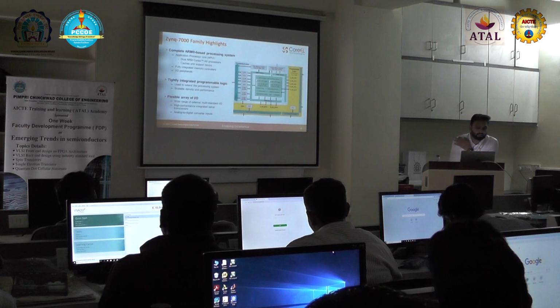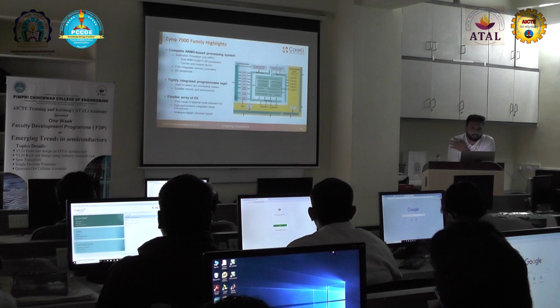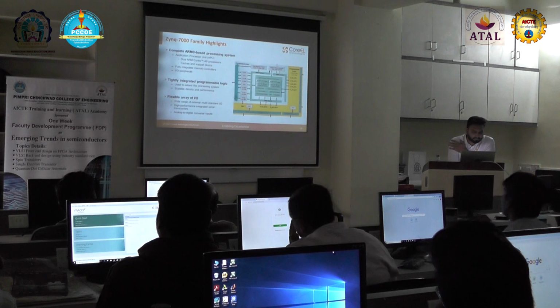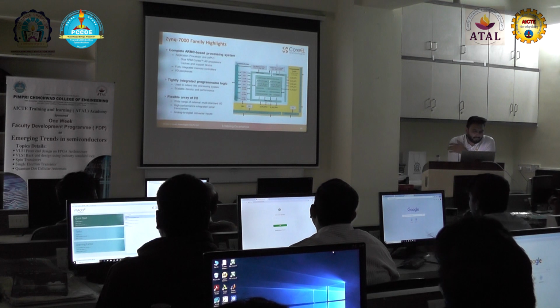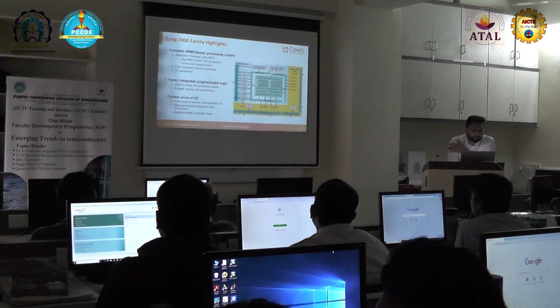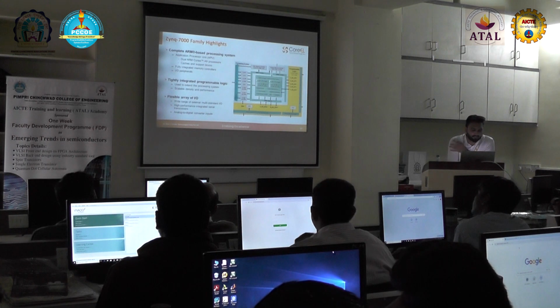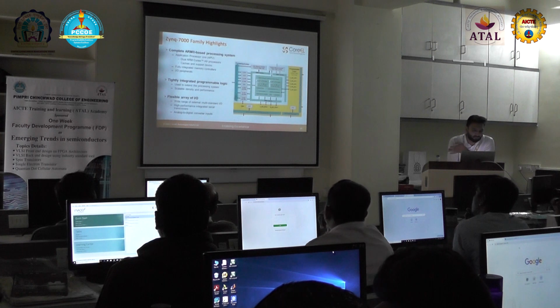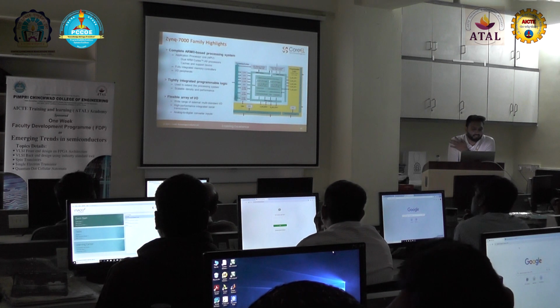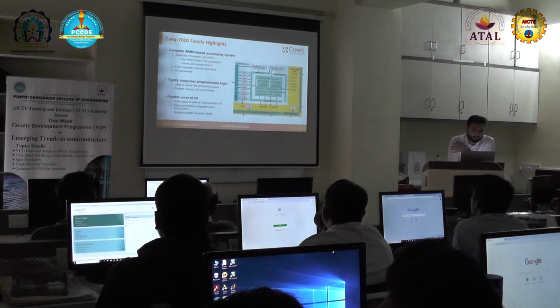So now we will see the highlights of the Zynq 7000 families. Mainly it is divided into 3 parts. First is the APU, another is tightly integrated programmable logic, that is the PL part, and a flexible array of IOs. This is a complete ARM based processing system.